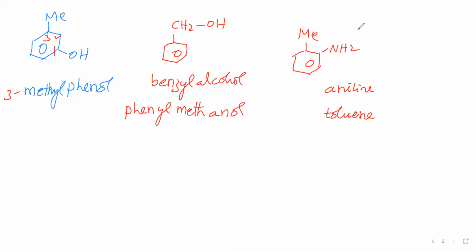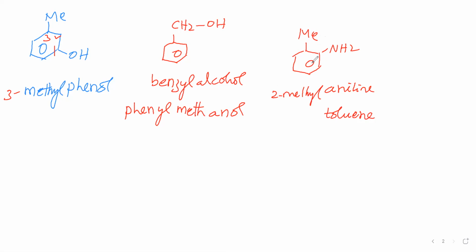Aniline we are saying means phenyl with NH2. So number 1 should be given here, then number 2 here. Therefore, 2-methyl aniline we can say.